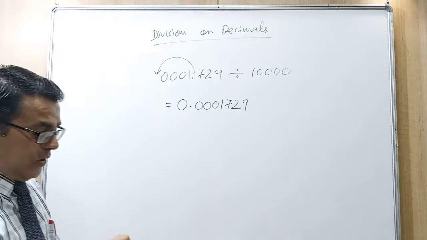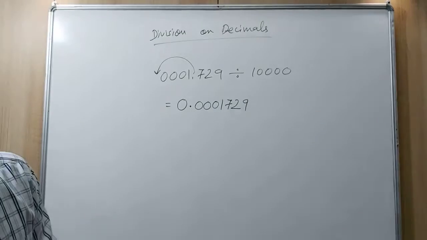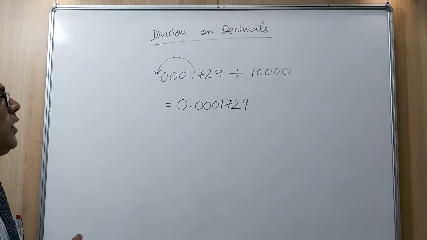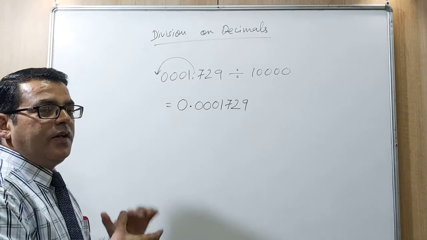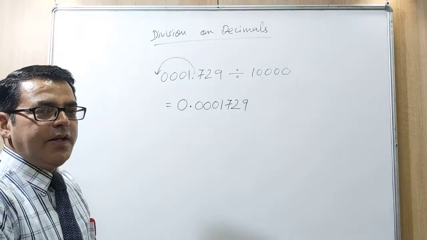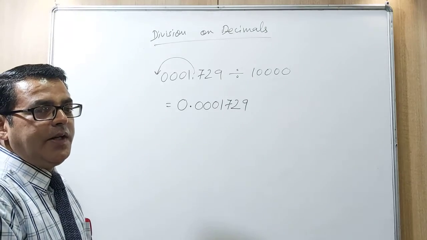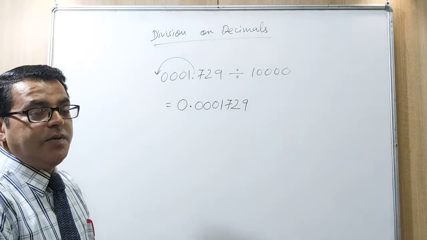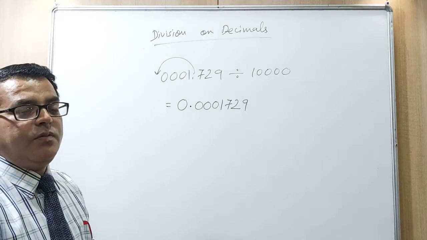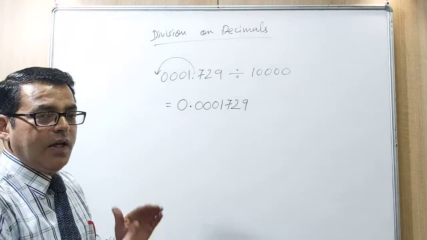So what we learned today? The summary is, we learned today how we can shift the decimal point when we are dividing any decimal number by 10 or by the powers of 10, by 100, by 1000, by 10,000, by 1 lakh, and so on.